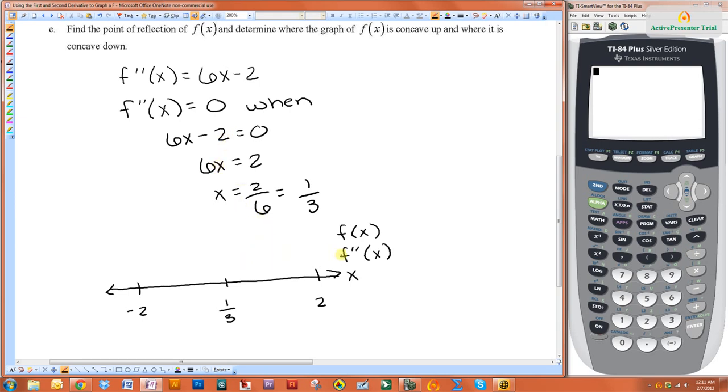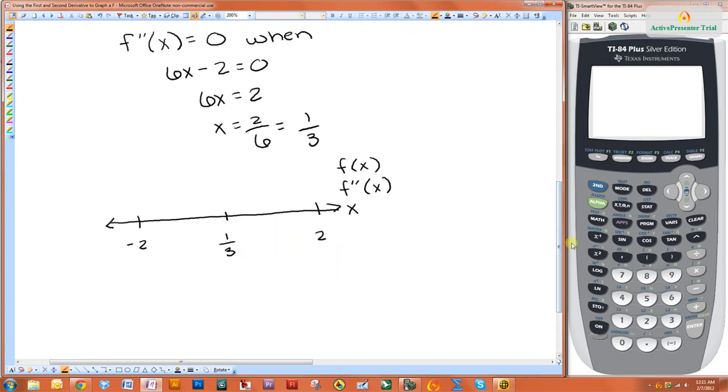Okay. So the first thing we need to do is determine when this is positive and negative within these intervals. So let's just put some various values in here. Let's try a value within this interval. Let's try f double prime at 0. So that's 6 times 0 minus 2, which is equal to negative 2.